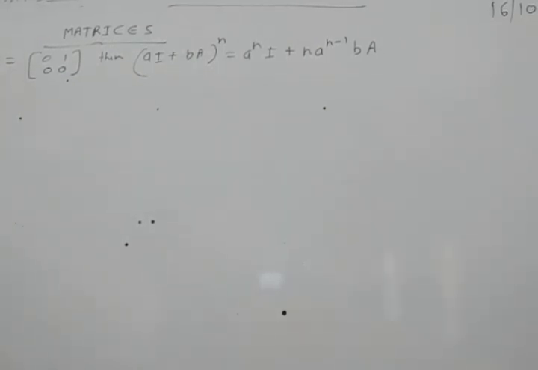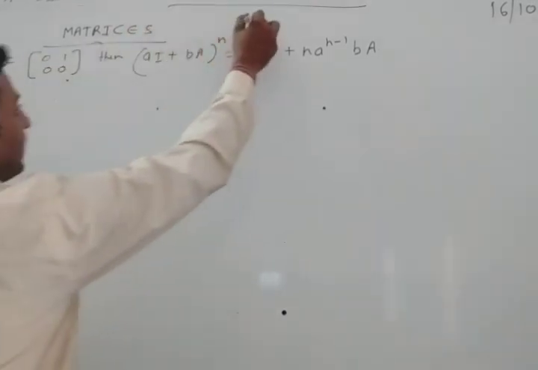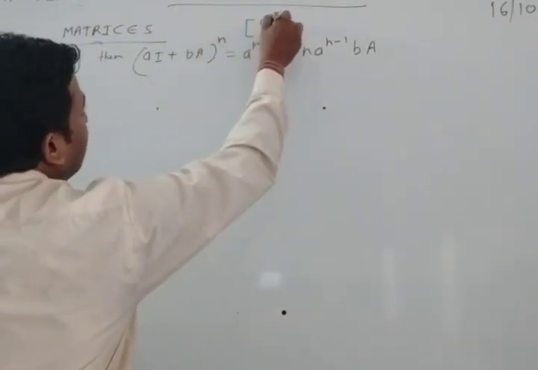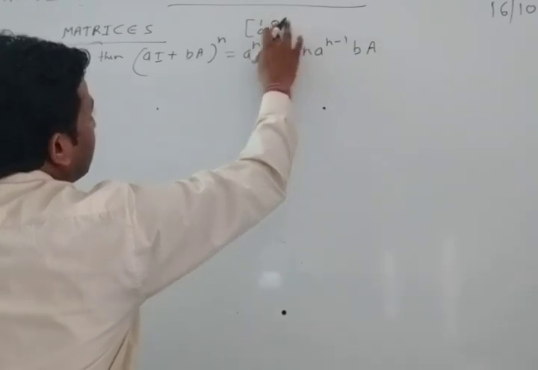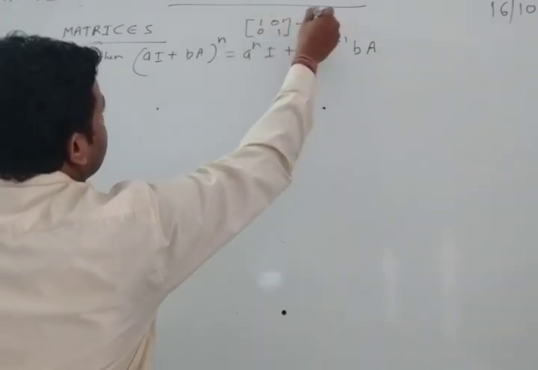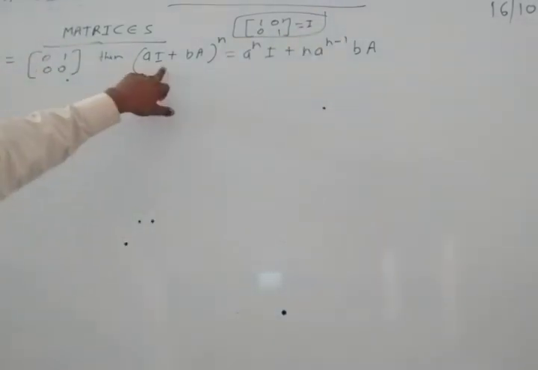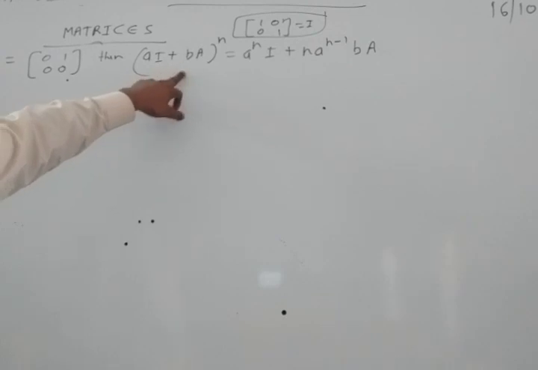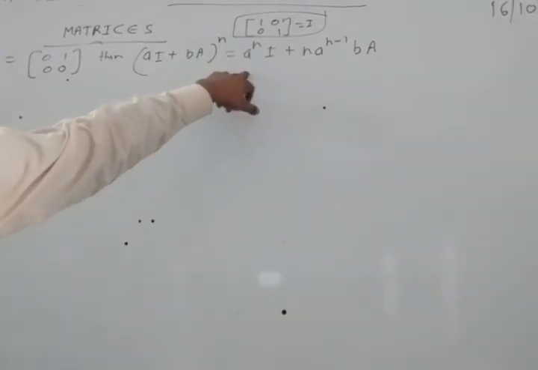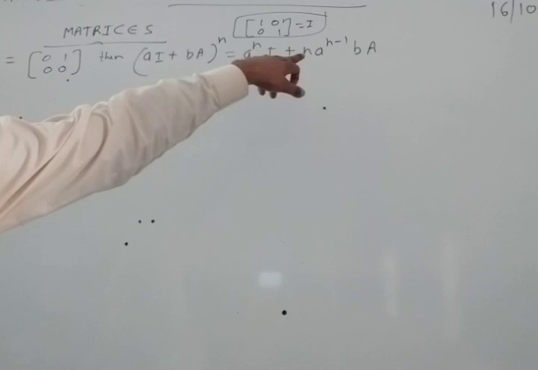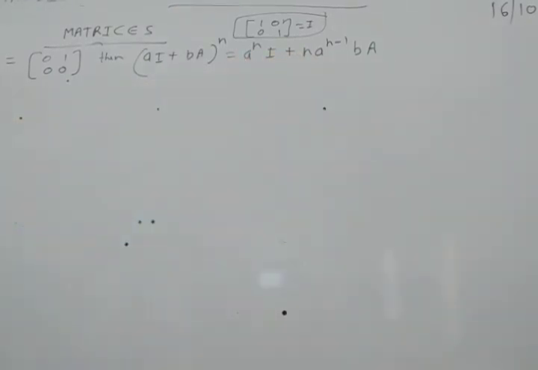So we can write I is the identity matrix of order 2. Now these things are given, and we have to prove that (aI plus bA) to the power n is equal to a to the power n I plus n a to the power n minus 1 b into matrix A. First we will take the left hand side.